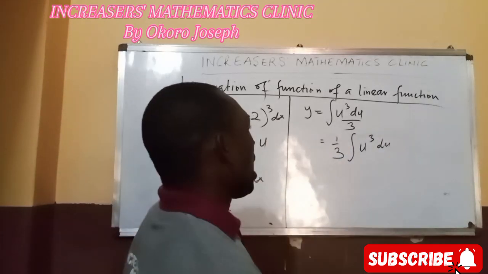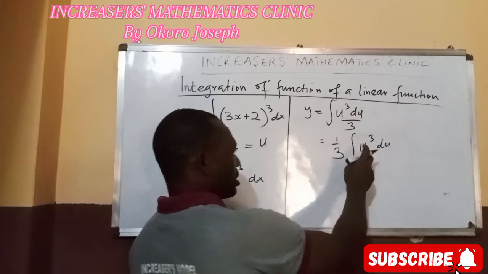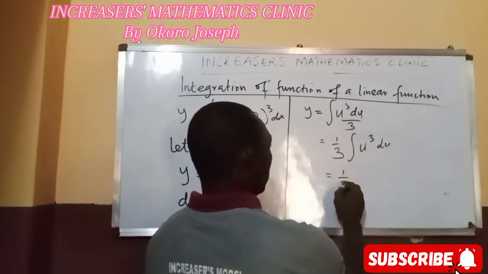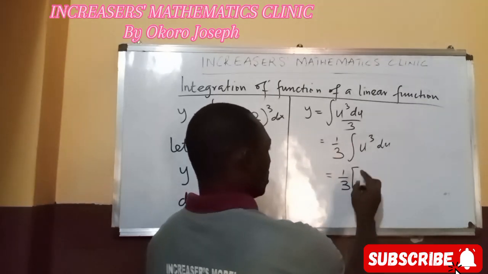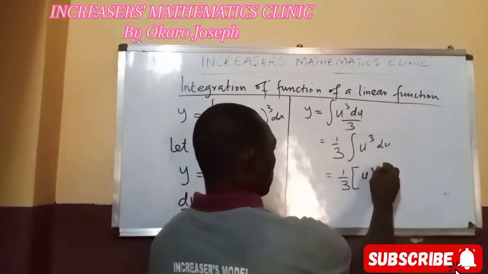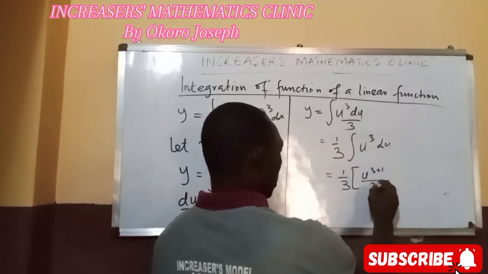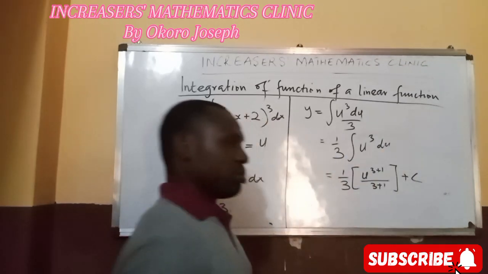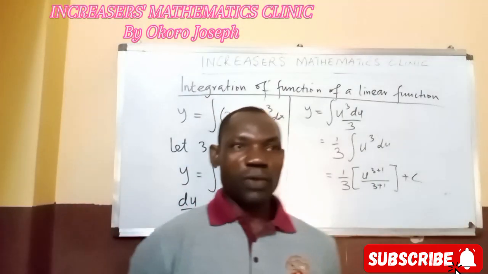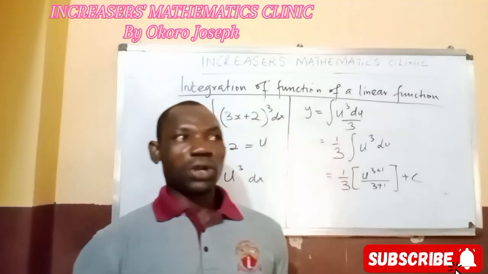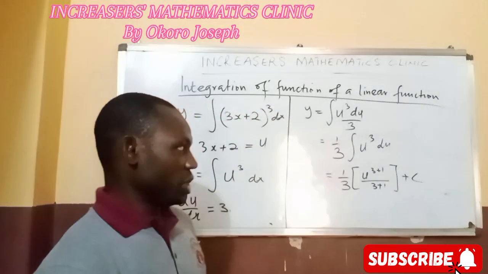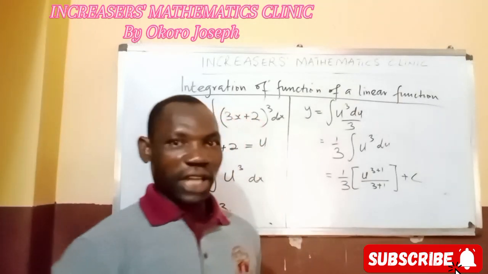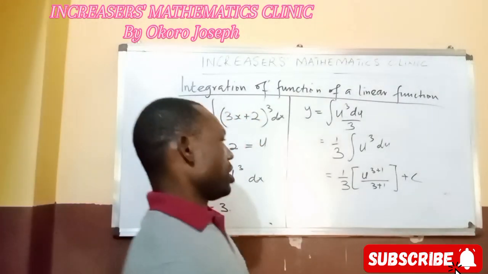So I will now integrate u raised to power 3, and that will give me 1 over 3, open a bracket, u raised to power 3 plus 1, all over 3 plus 1. Then plus c, because each time you integrate a function, you are going to add a c to it, which is the constant that was lost in the process of differentiation.